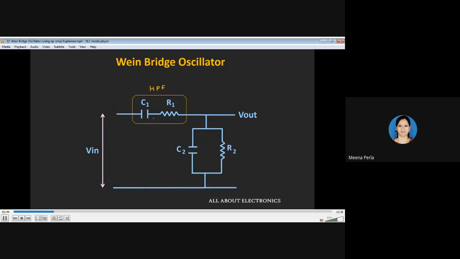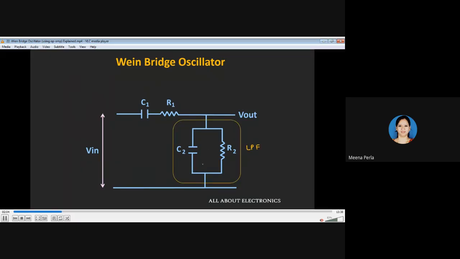At low frequencies, this capacitor acts like an open circuit, so it will not pass the low frequency signal. On the other hand, at high frequency, this capacitor provides very low impedance, so it easily allows the high frequency components. So in a way, it acts as a high pass filter.